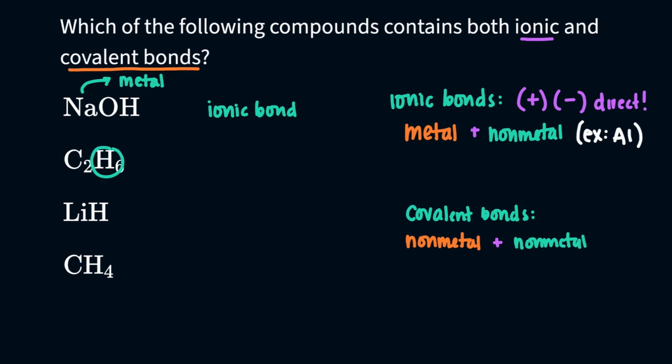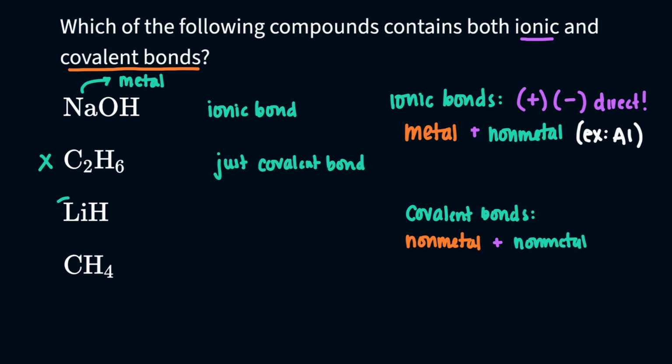Carbon, nonmetal, hydrogen, nonmetal, this is just a covalent bond. So we have no ionic bonds. I don't see any metals here, so this one's out.